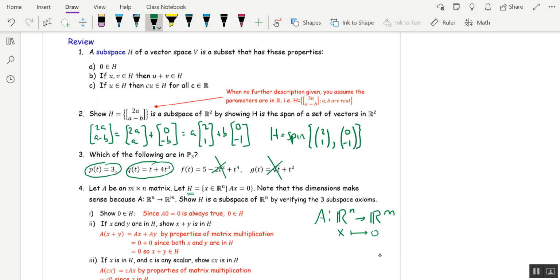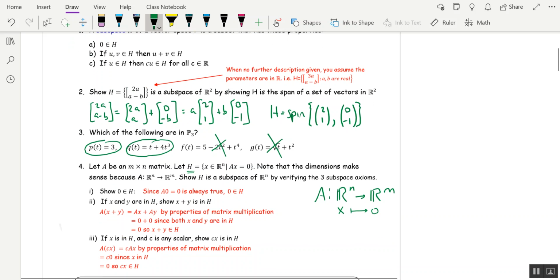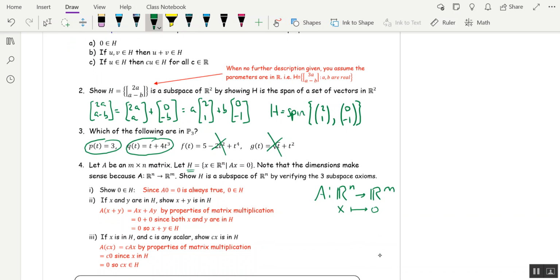That's really easy because matrix multiplication is linear, so it's going to distribute over the x and the y. But by supposition, Ax is 0 and Ay is 0. 0 plus 0 is 0, so the sum of two vectors in H is still in H. Finally, if I multiply a vector in H by a scalar, I still have a vector in H because scalars can come out of matrix multiplication. Ax is 0. 0 times c is still 0, so cx is in H.